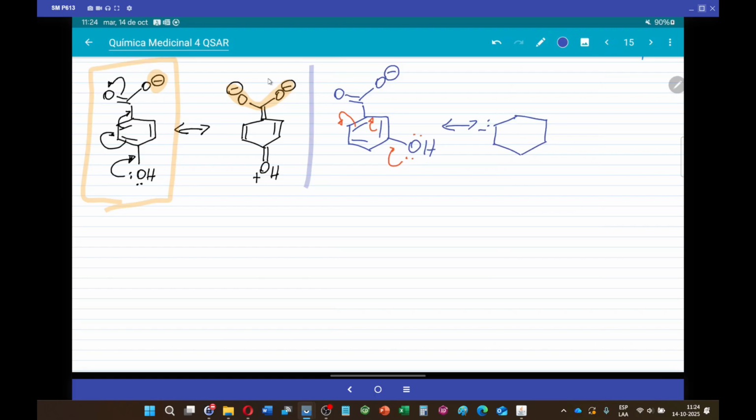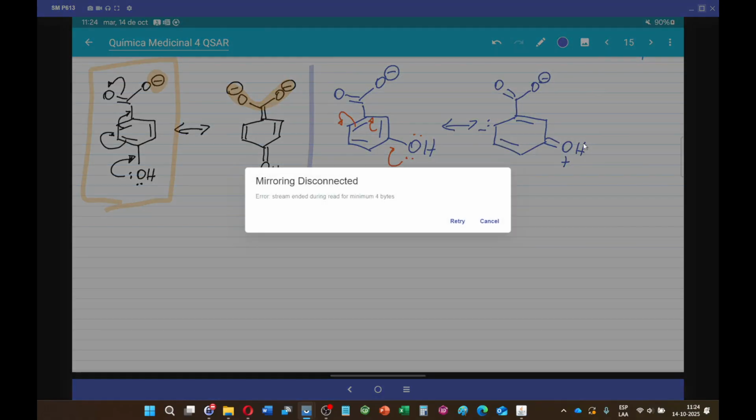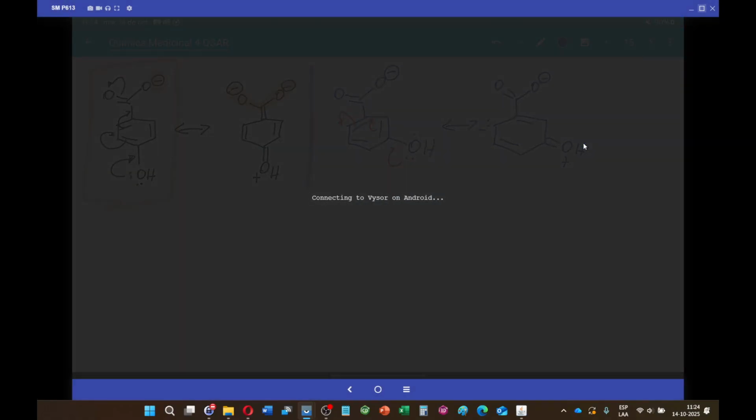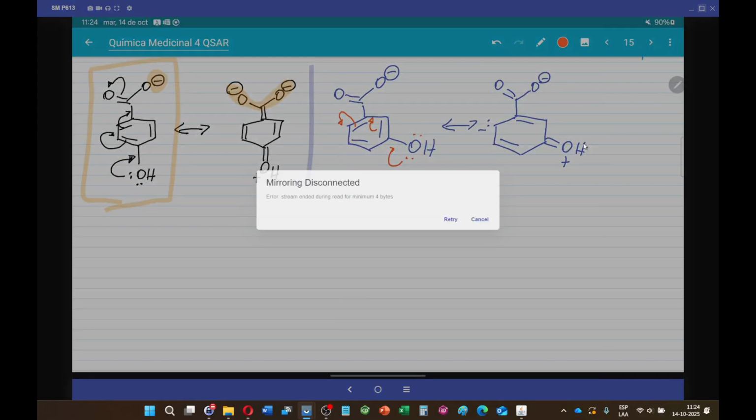Therefore, it does not destabilize it as in the para position. If the negative charge was outside, it means that the resonance effect is not destabilizing it. On the other hand, the inductive effect begins to prevail.